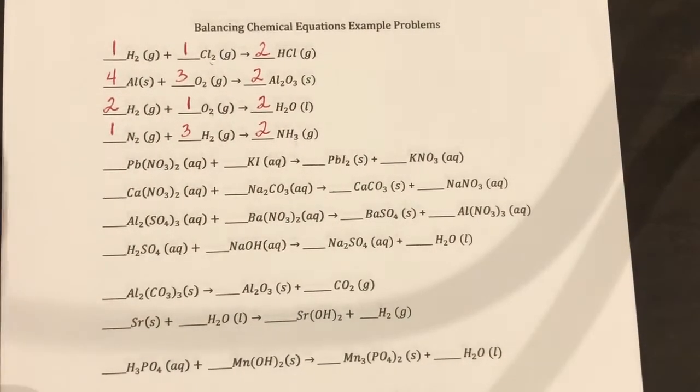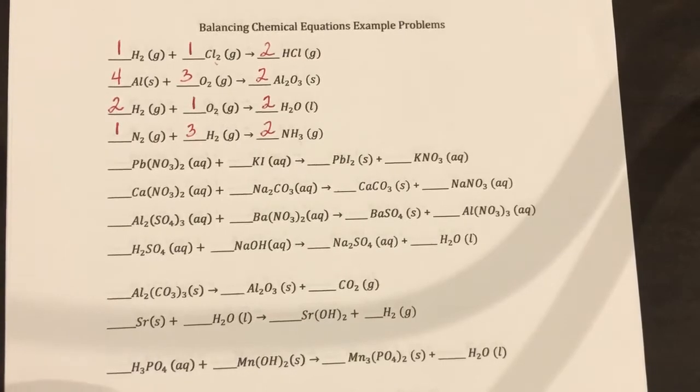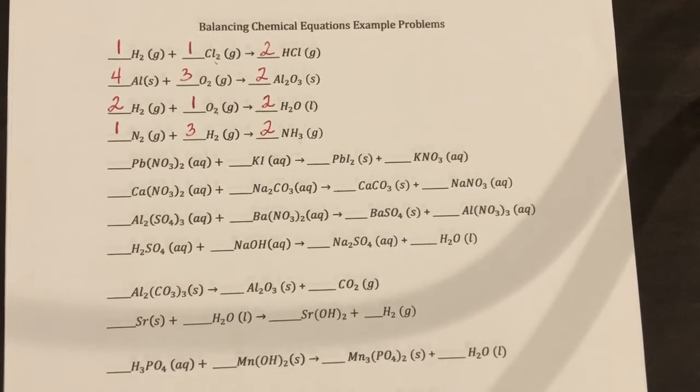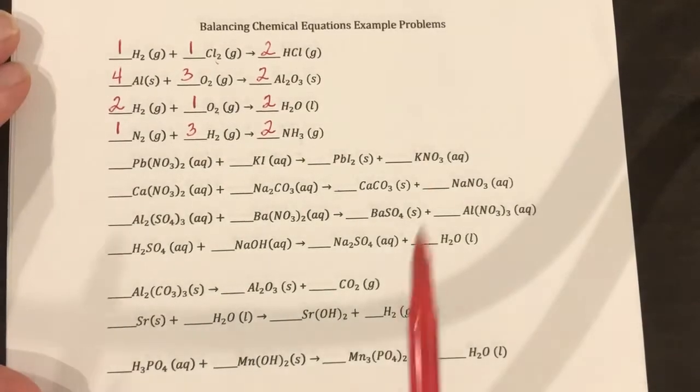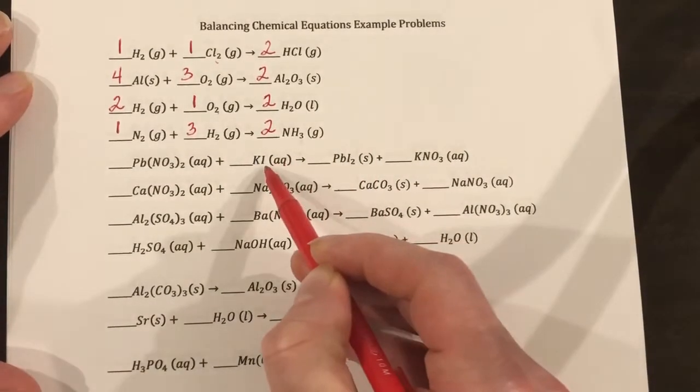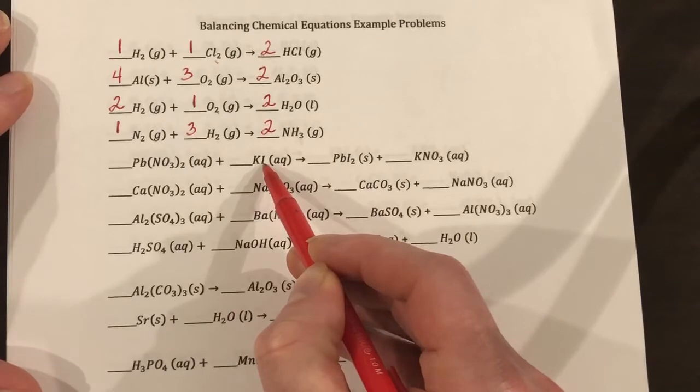Okay, now we're going to get into stuff that looks a little more complicated, but it's really not. Now, we learned ions for our second test, and being familiar with them helps us on this type of example problem. So, I'm going to start with the ion that's closest to the arrow on the left side.